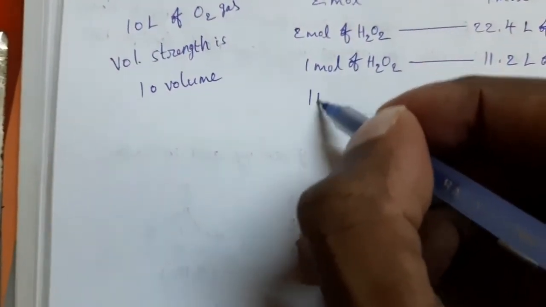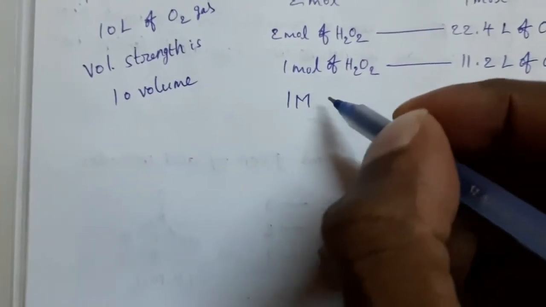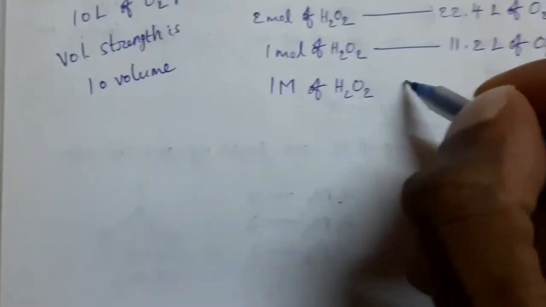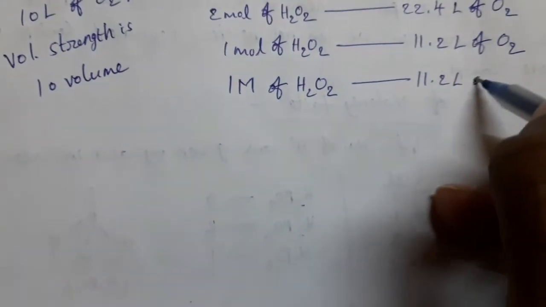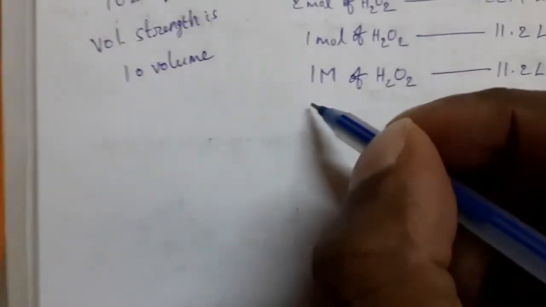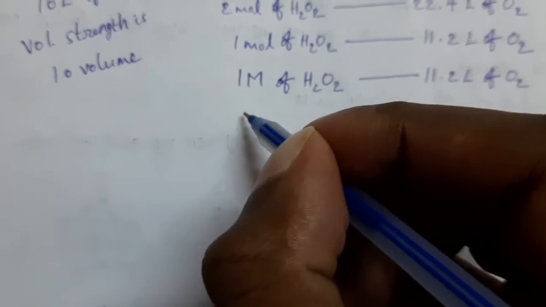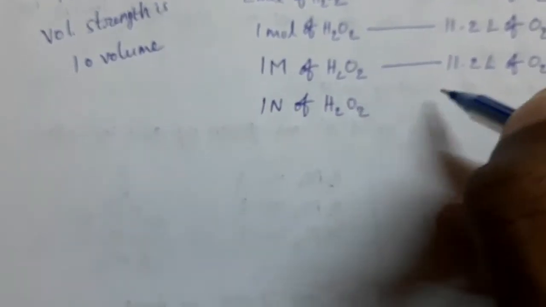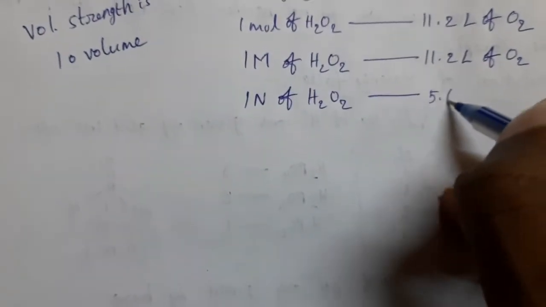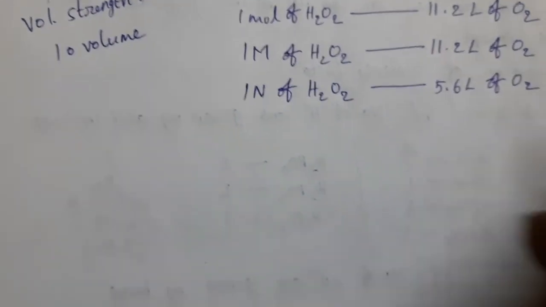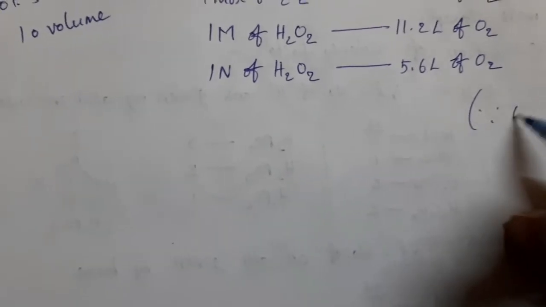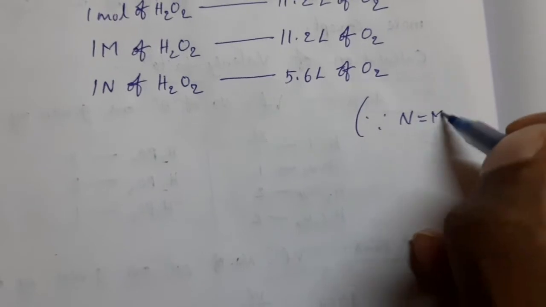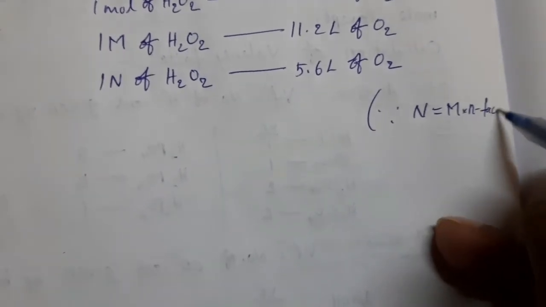Now 1 mole means molarity is 1. 1 molar H2O2 produces how many liters? 11.2 liters of O2. In terms of normality, 1 normal H2O2 produces how many liters? 5.6 liters of O2. Since the relation between normality and molarity is normality equals molarity into n factor.